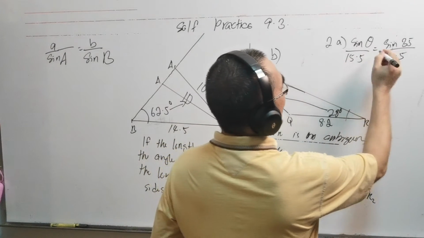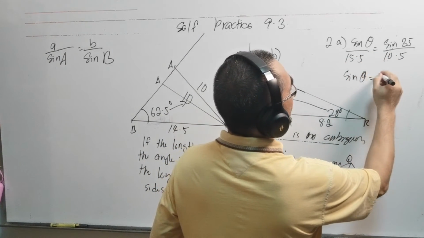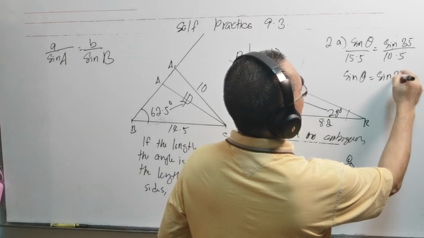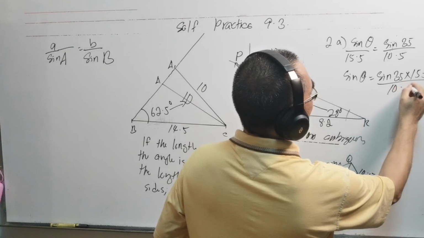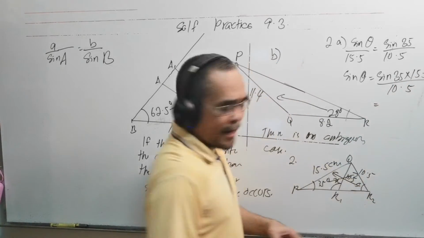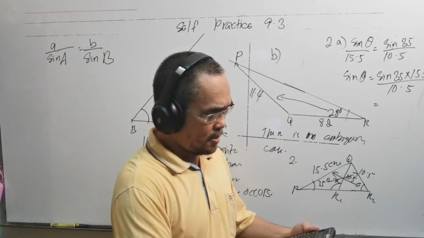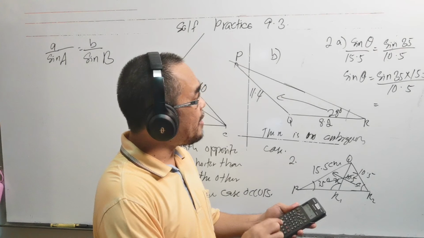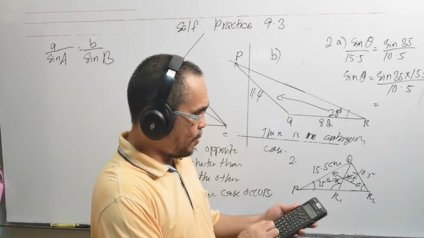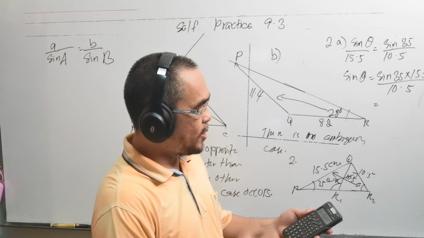So you just move this one with 15.5. So sine theta will be sine 35 times 15.5 divided by 10.5. So whatever that you get, sine 35 times 15.5 and divided by 10.5, you get something.